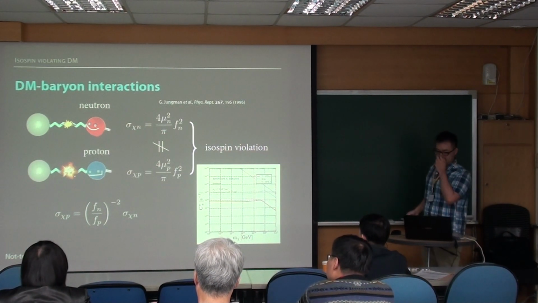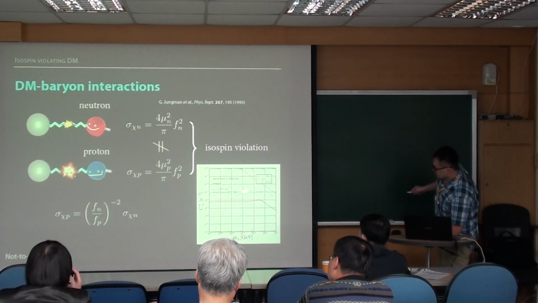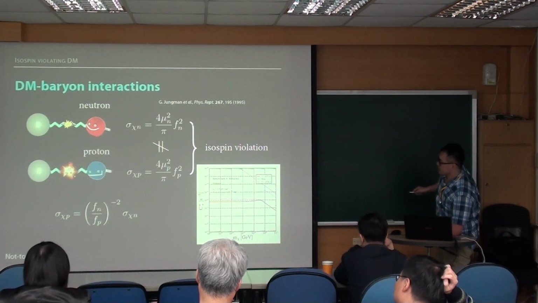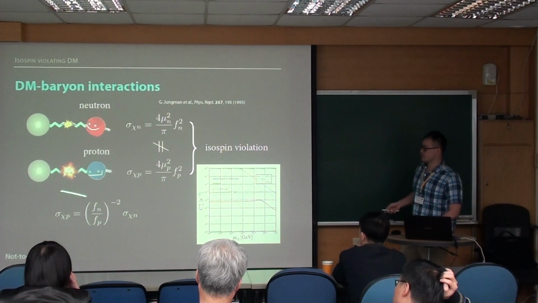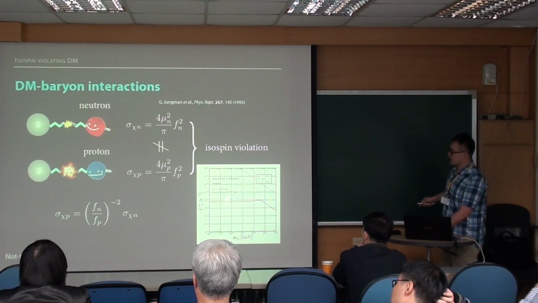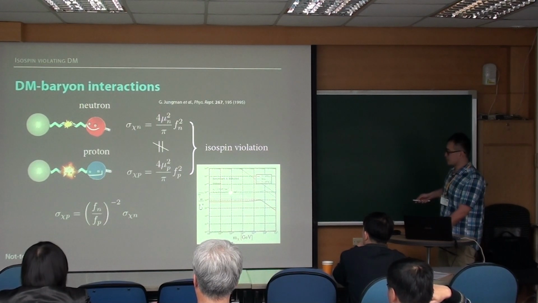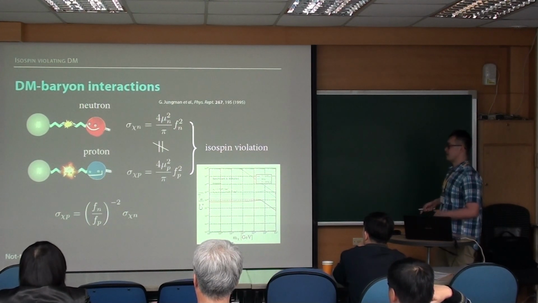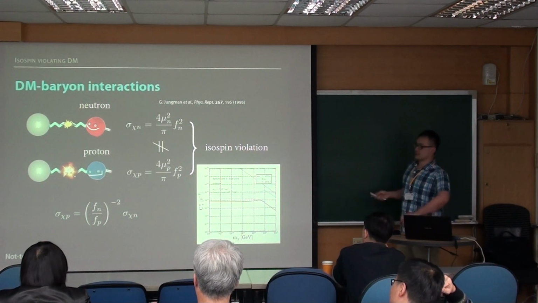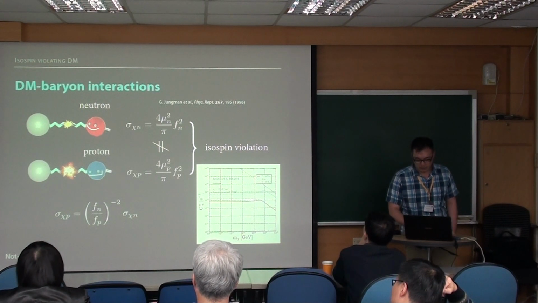In that case, even if the neutron rate is much larger than the proton rate, if dark matter couples to protons more strongly than neutrons, then the proton contribution to the capture rate could be enhanced and become comparable with neutrons, or even larger. So this would be our subject to test in an old neutron star.